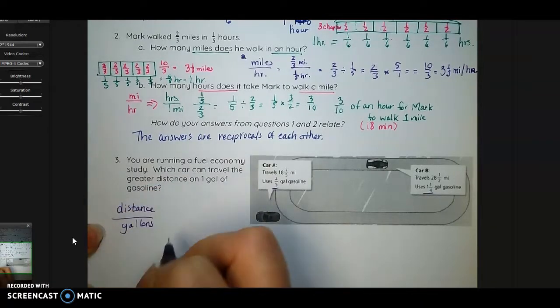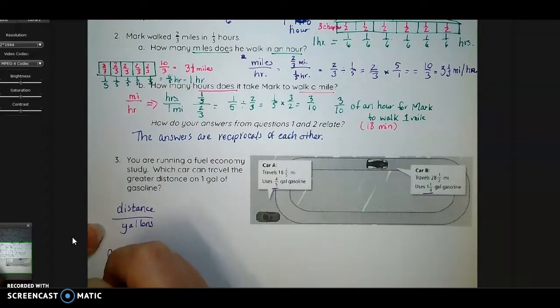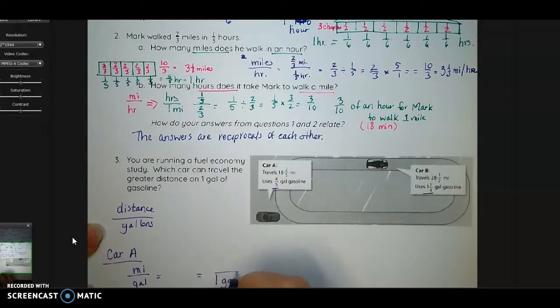And my distances here are in miles. So I have car A, and it's going to be miles over gallons because I want to end up with 1 gallon. So what I'm going to have here is I'm going to have 18 2/5 divided by 4/5.